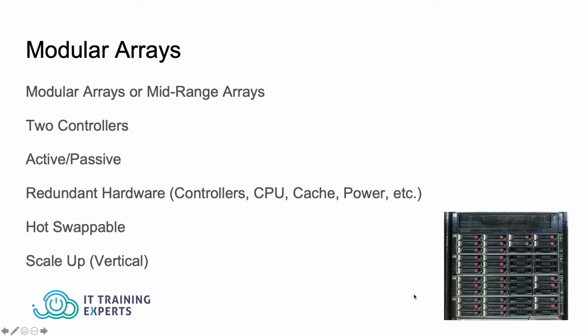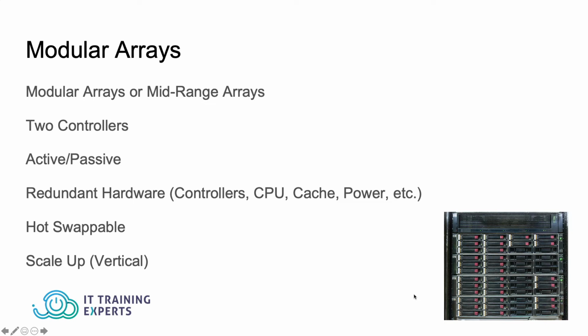Another big distinction between a modular storage array and some of the other architectures we'll talk about is modular arrays operate in a scale-up or vertical architecture, meaning that you can never go more than two controllers in a modular storage array. You can only increase the amount of disk enclosures or disk shells, so you can only scale up that platform vertically from a storage perspective.